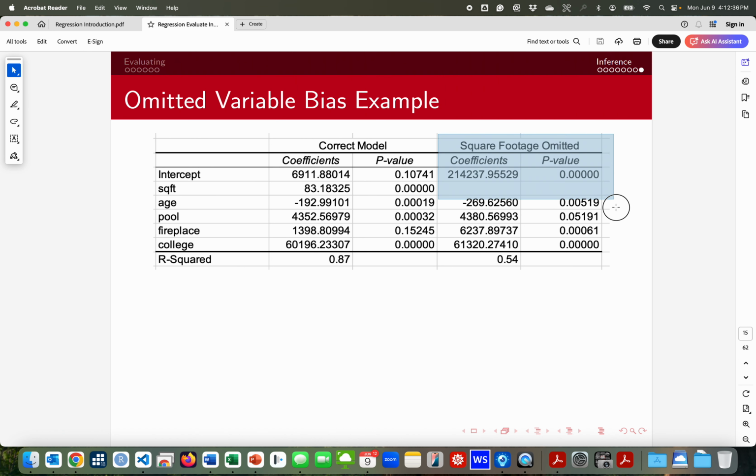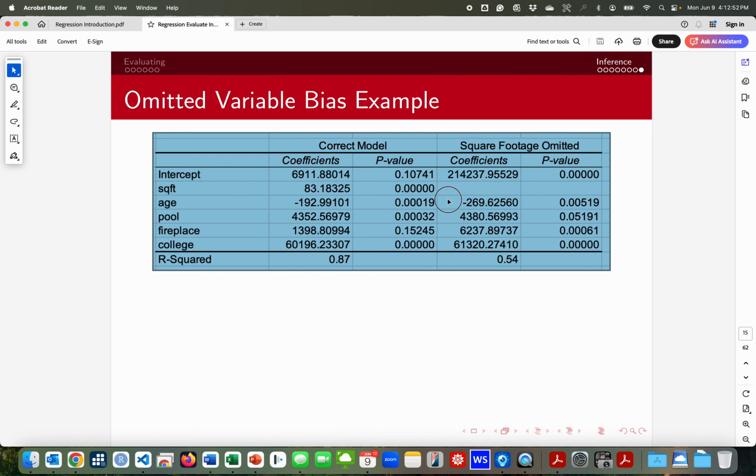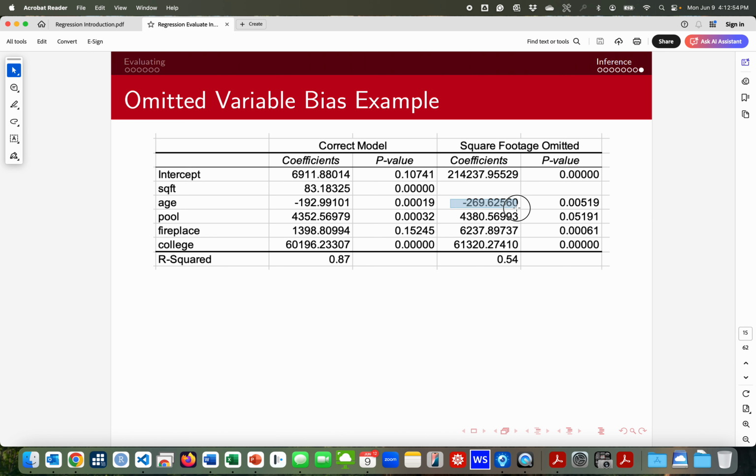This regression omitted square footage. So I did not include square footage in this regression. The intercept changes, but we don't care about the intercept most of the time. Age is negative 192 when we include square footage and negative 269 when we omit square footage. So notice dropping one variable caused the coefficients on the other variables to change.